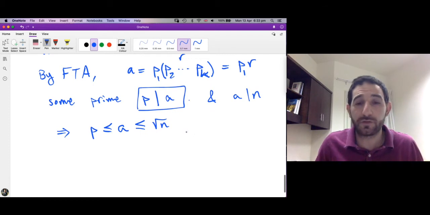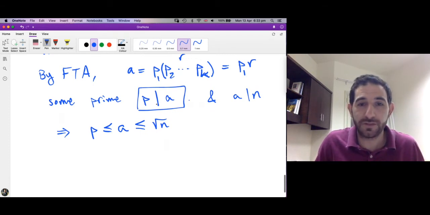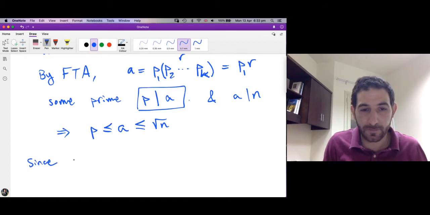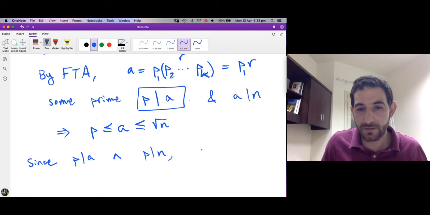Remember, we proved one of the properties of divisibility, which is called transitivity, that if p divides a and a divides n, then since p divides a and p divides n, we have that p divides n.